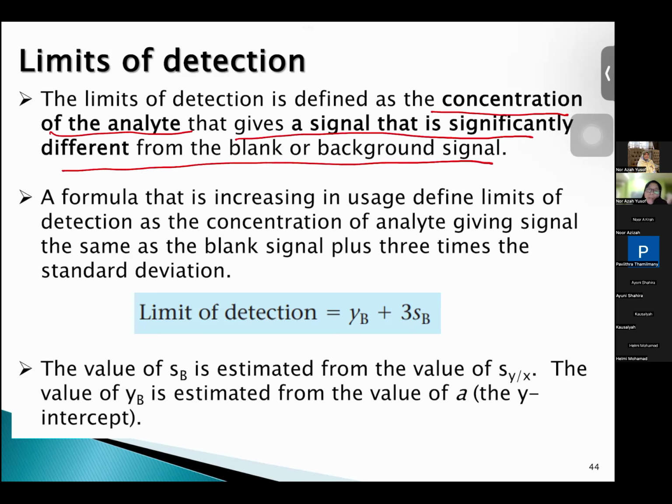The blank we can consider as solvent without the analytes. Or, remember the standard addition method that I mentioned before, probably only the matrix diluted with just solvent.